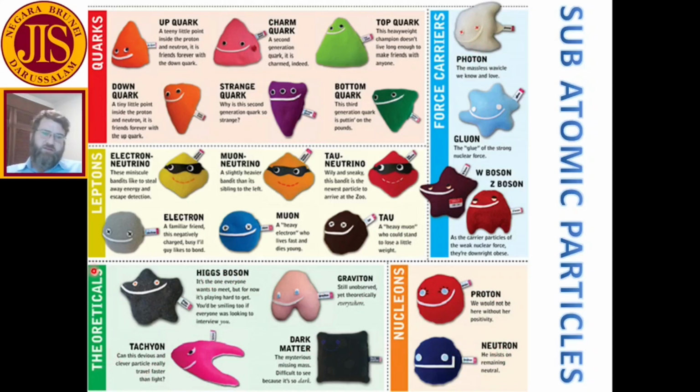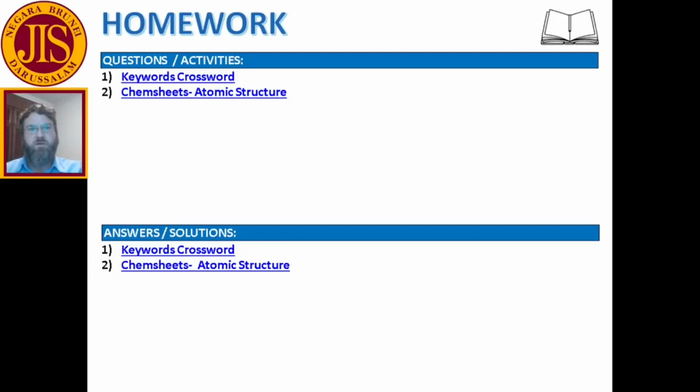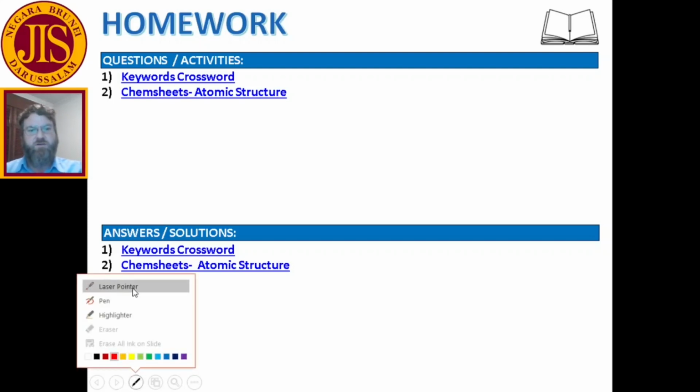The green ones are theoretical. The Higgs boson is the one they were trying to discover a couple of years ago. They reckon it is the particle that gives things mass, but they still haven't confirmed its existence.